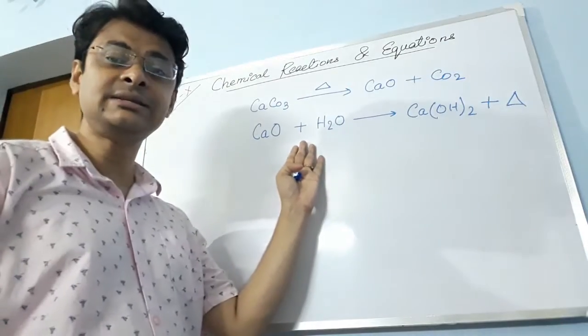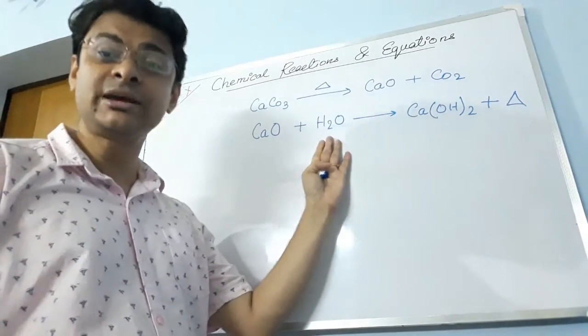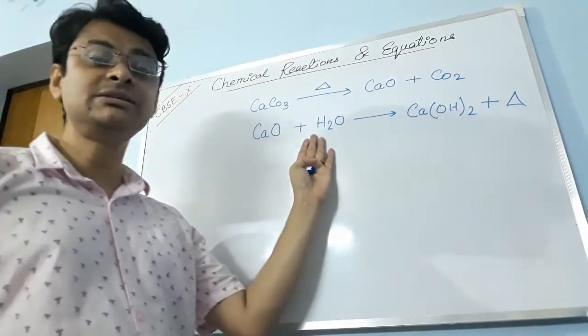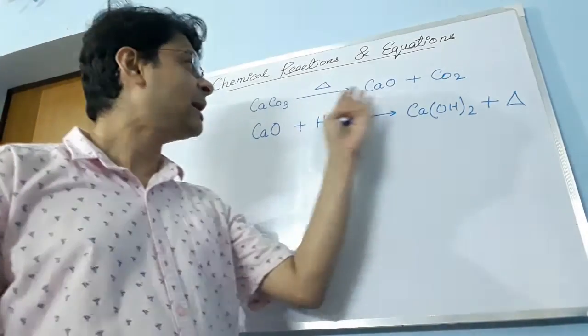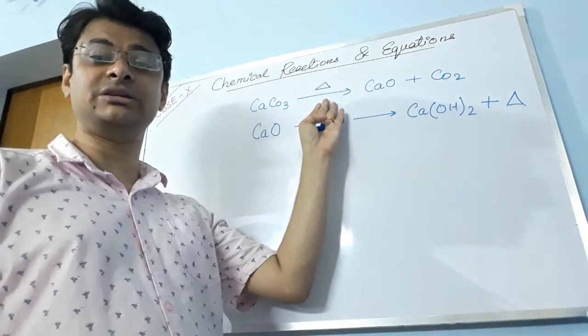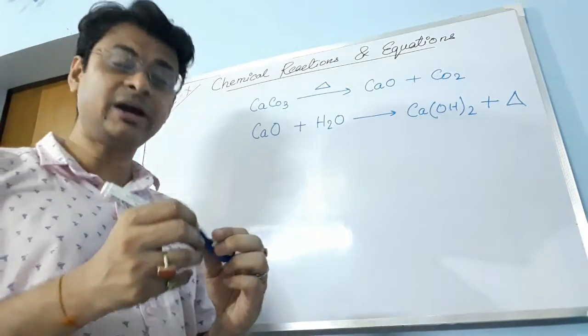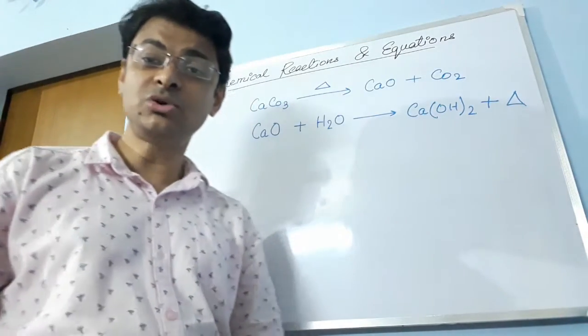So this reaction is an exothermic change because heat is evolved after the reaction, and the other reaction is an endothermic change because heat is required for the chemical change to take place.